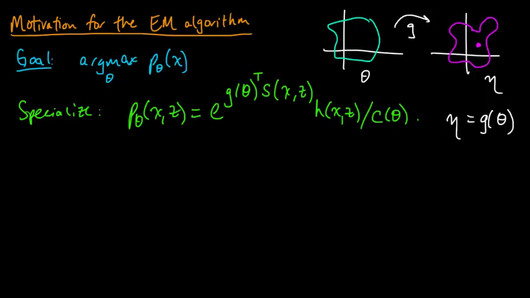The reason is that suppose this is a maximizer over all the possible etas in the range of g, the image of g on this set. So this is the image of this set under g, and suppose this point over here goes to there.